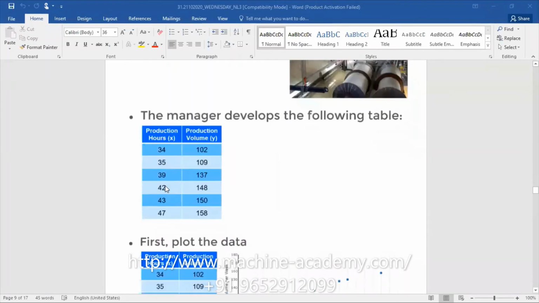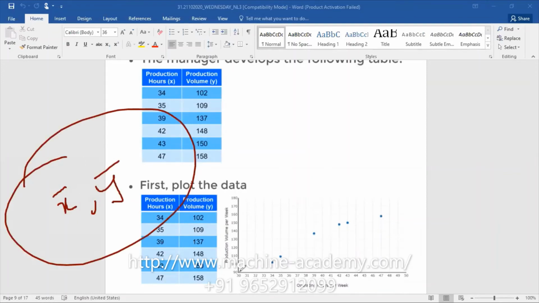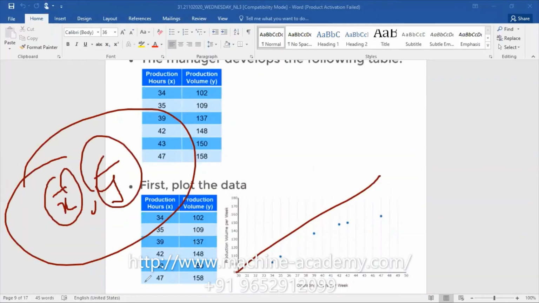In this observation, I have sent it to a graph. Whenever you are working with a regression pattern, you mandatorily need to identify the X cap and Y cap, which make a linear line. How do you identify X cap and Y cap?